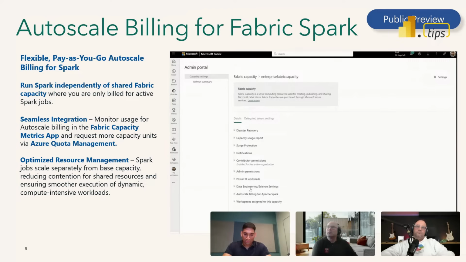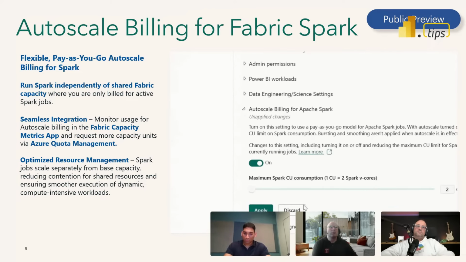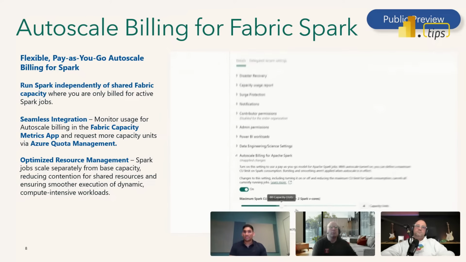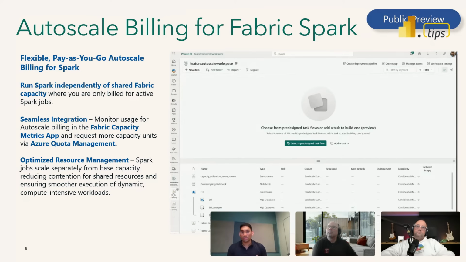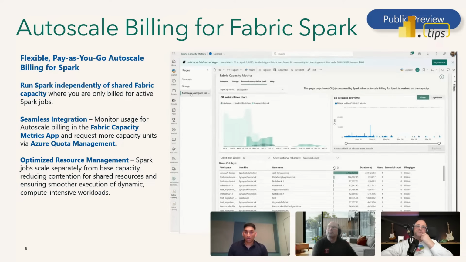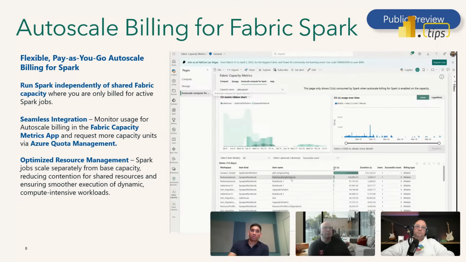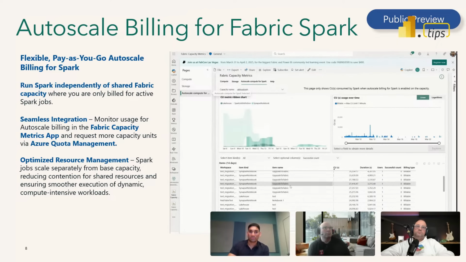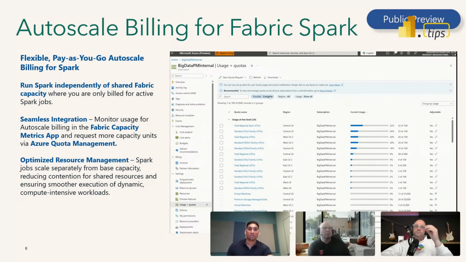What this gives them is the flexibility to scale their Spark workloads beyond and set them to granular limits, and also to larger limits based on their bursty Spark jobs. They could have their base capacity, which is shared across all of the other Fabric workloads, like data warehouse and Power BI, and size it accordingly based on the regular usage that they see.